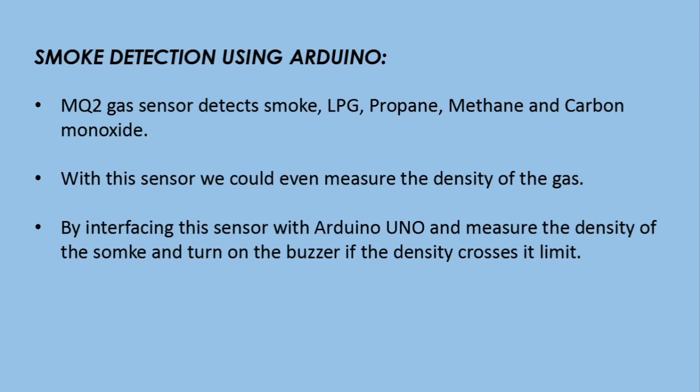We interface this sensor with Arduino so that we could measure the density of the gas, and we could see the density amount in the serial port of the Arduino software. And if the density crosses a limit, the buzzer will be turned on and the LED will also glow. So that's the simple program about this project.